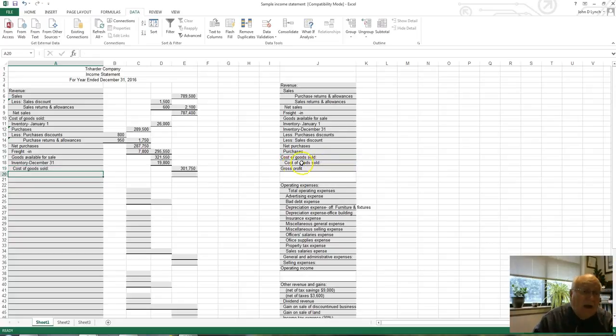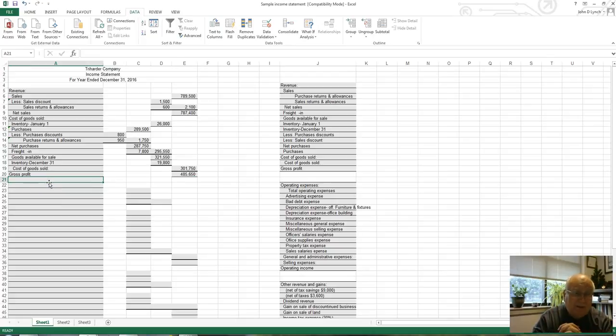After the cost of goods sold, we have our gross profit, by taking our net sales of $787,400 minus the cost of goods sold of $301,750 to come up with $485,650. So that's that section.